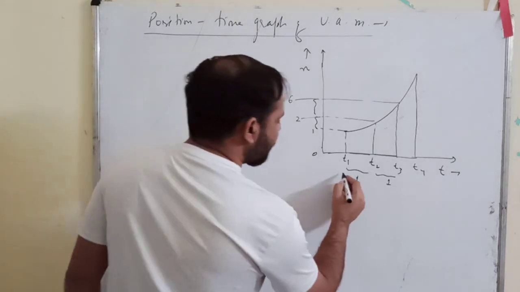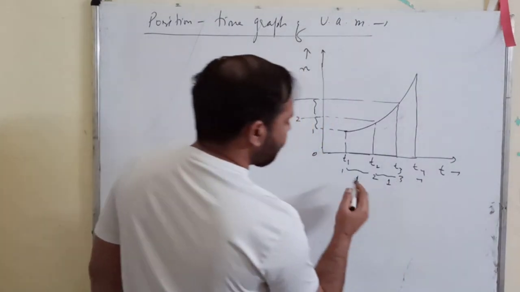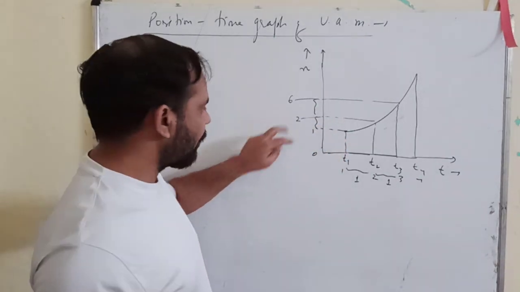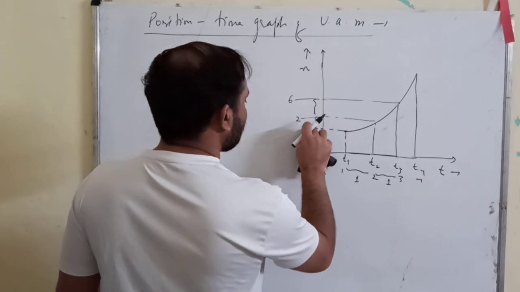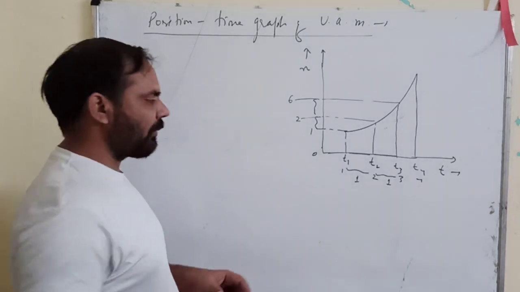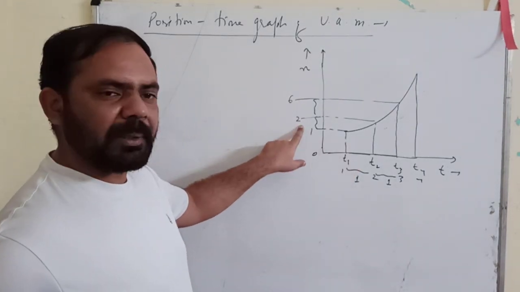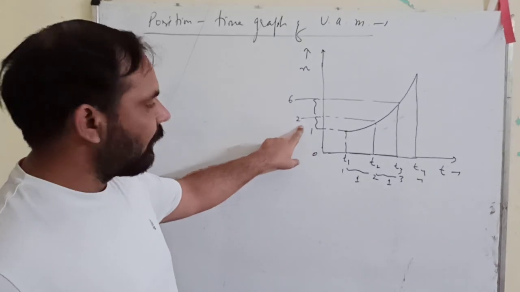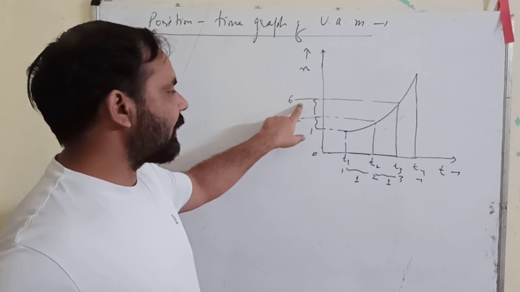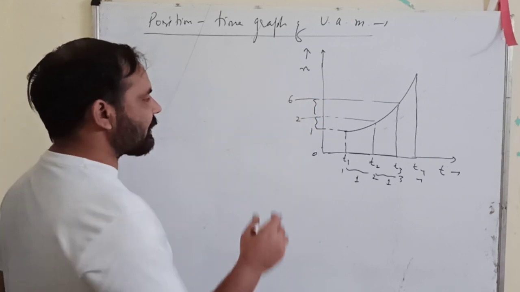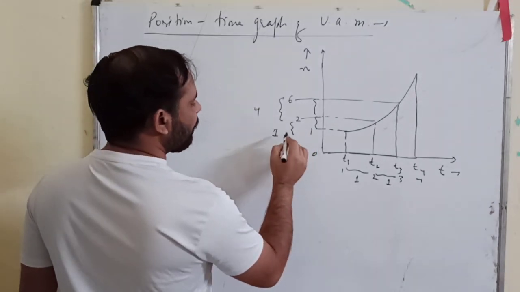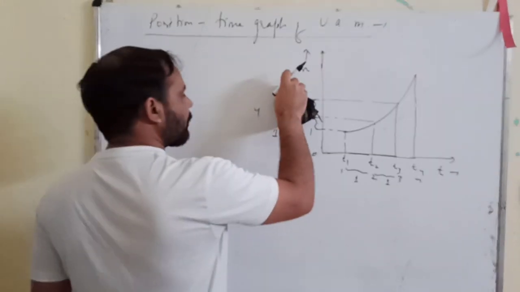Just a minute. Suppose in this 1 second we get a displacement of 1 unit, right? Then in the next 1 second the body's position is at 6. How much is the displacement in the next 1 second? This is 4 units, and it was 1 unit. It will get too big, so I make the values a bit smaller.